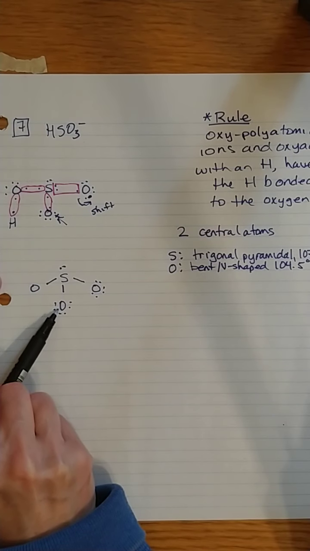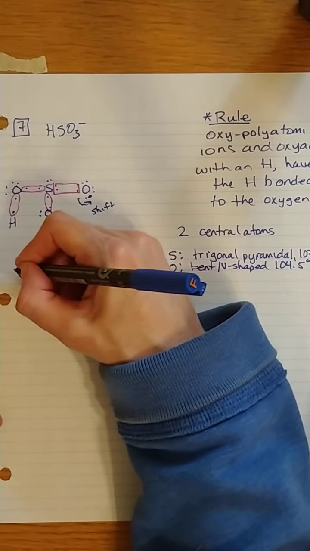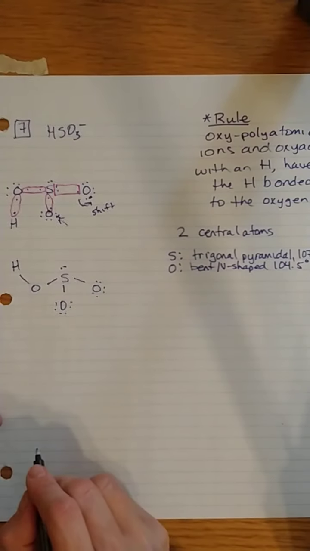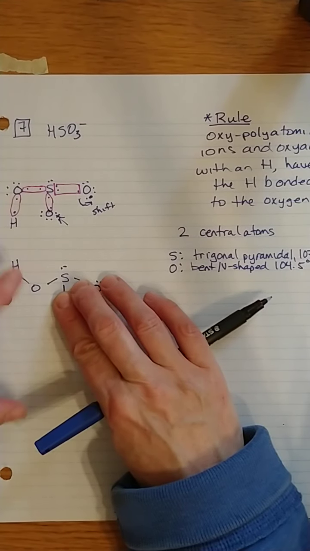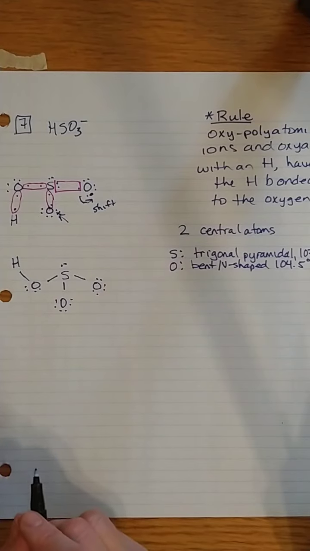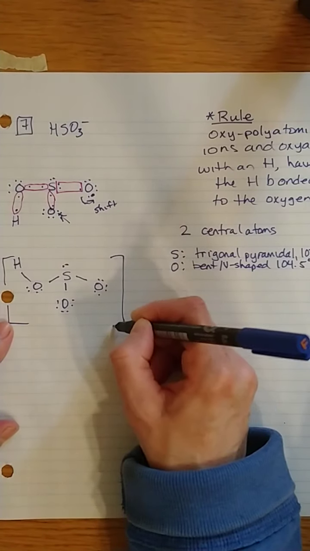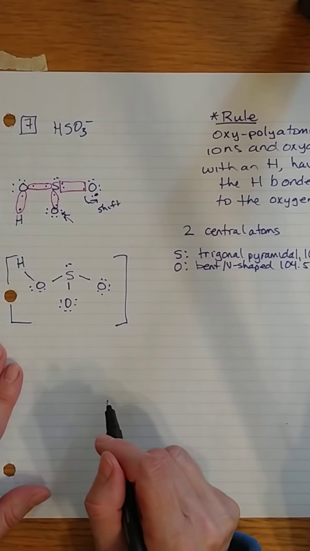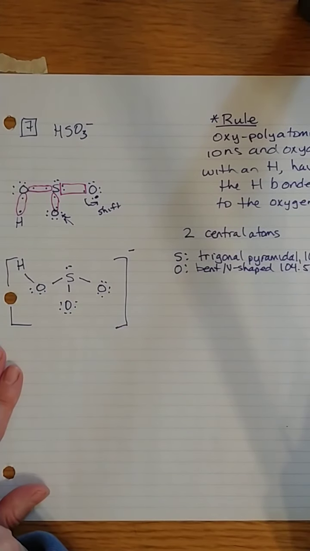If you do, it's going to interfere with this oxygen. So what you're going to do is draw the H up here, like that. That is still covering this up. That is still bent or V-shaped. So we're going to put the lone pairs to the outside here. And so that is your Lewis diagram to proper shape for the bisulfite ion.